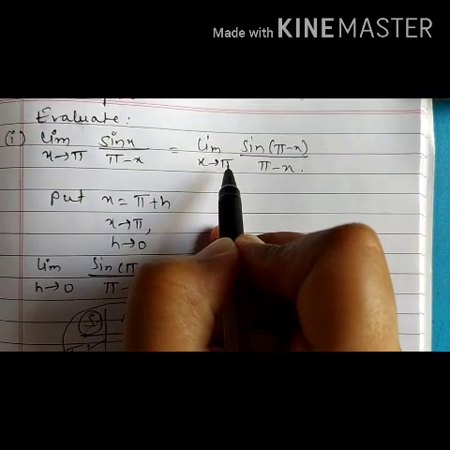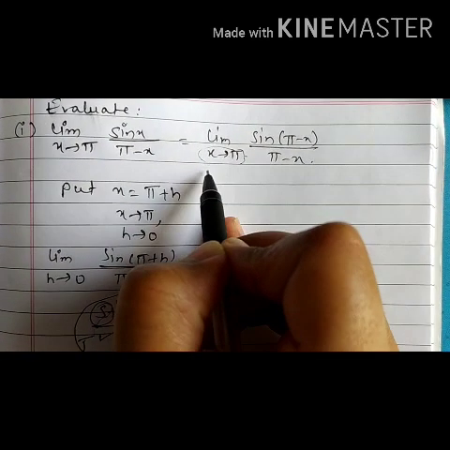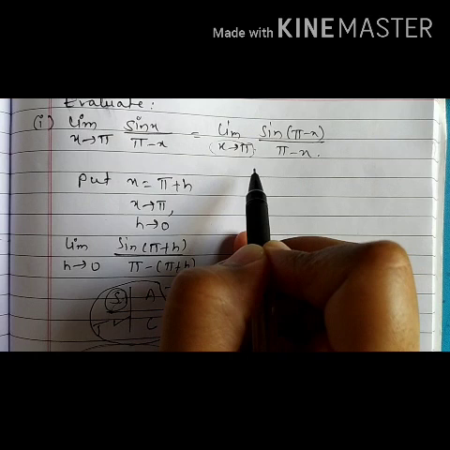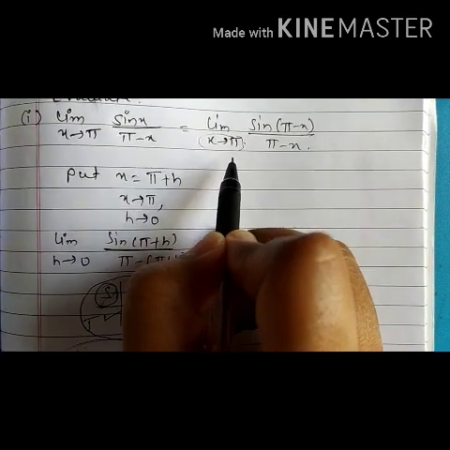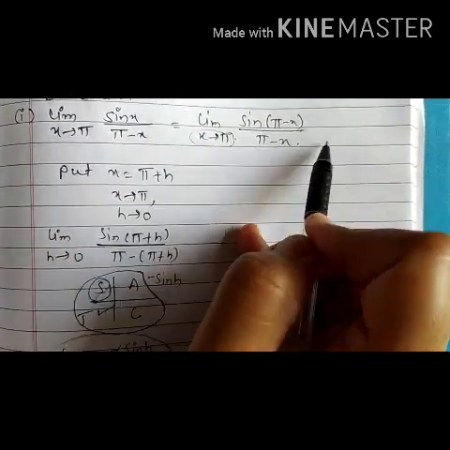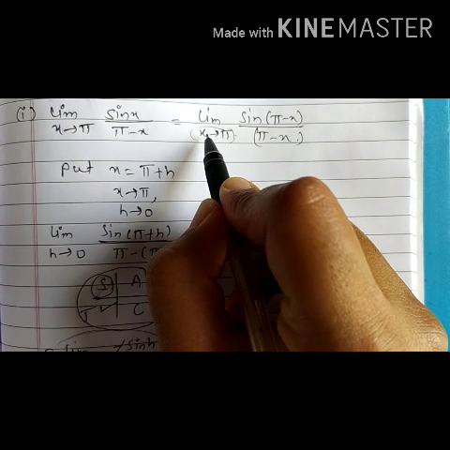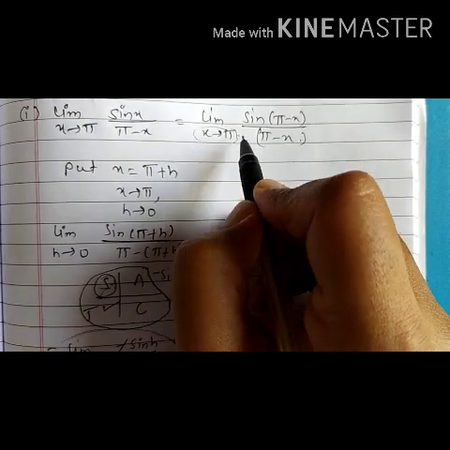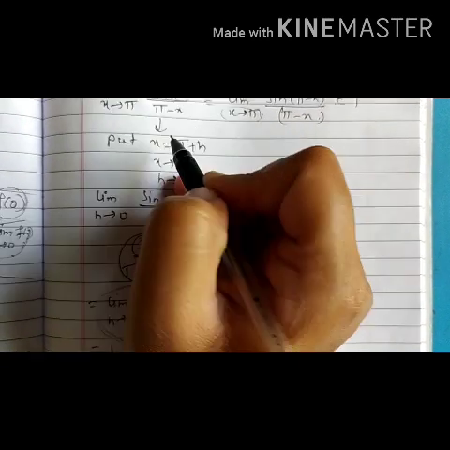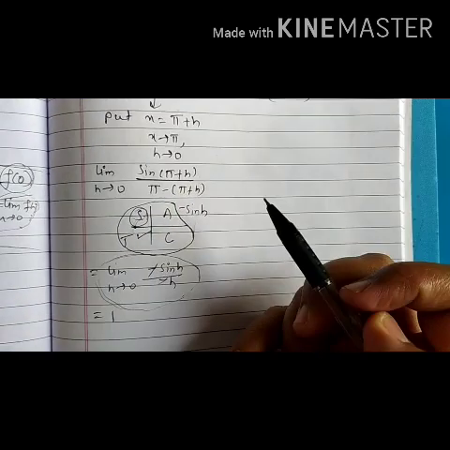Now we know that x tends to pi, so can we write x minus pi tends to 0? Can we write pi minus x tends to 0? Multiplying both sides by minus, we get pi minus x tends to 0. So again we get the standard limit, sin of pi minus x upon pi minus x, while x is tending to pi, that is, pi minus x tending to 0, so that is equal to 1. But you can go by the regular method also. You can substitute x equals whatever the real number is, plus h. Understood?